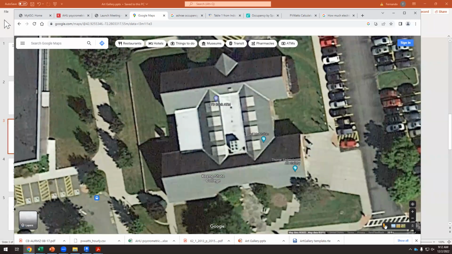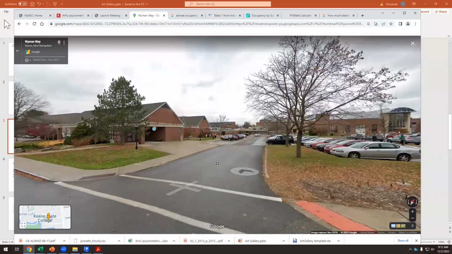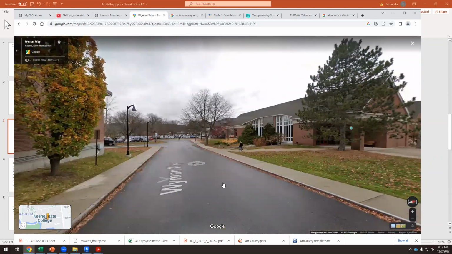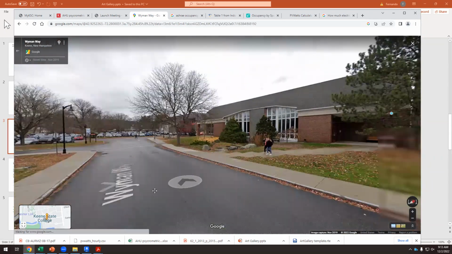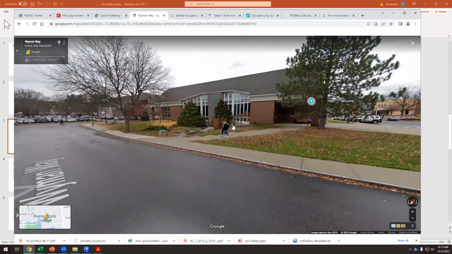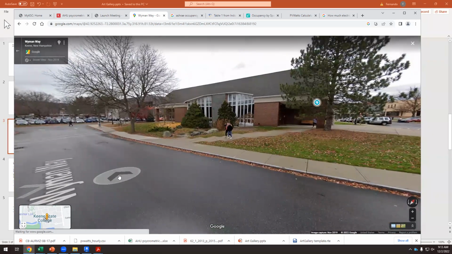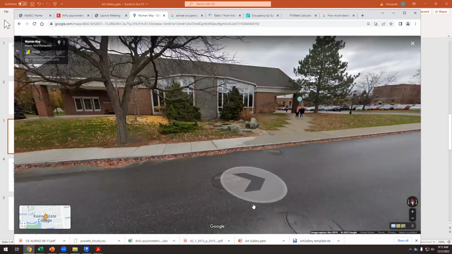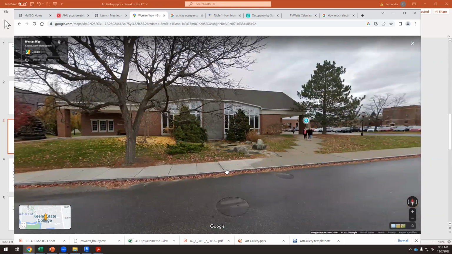And if we are here, okay, so this is the gallery. This is the lobby, with this south curtain wall. It's cloudy, but if there were sun, we would see that this is the south elevation.